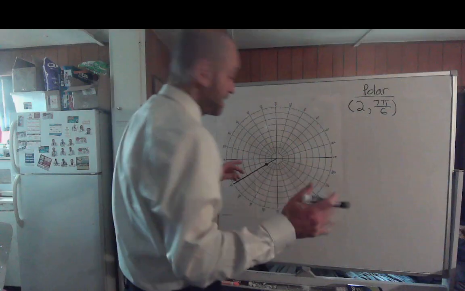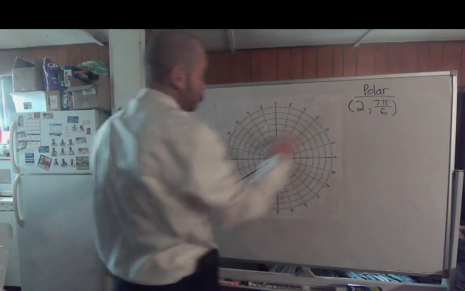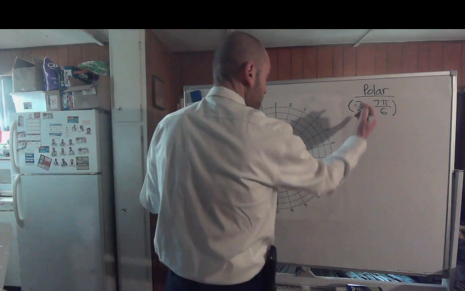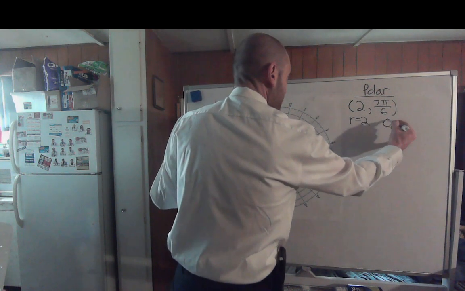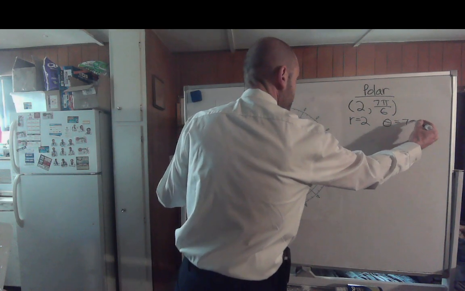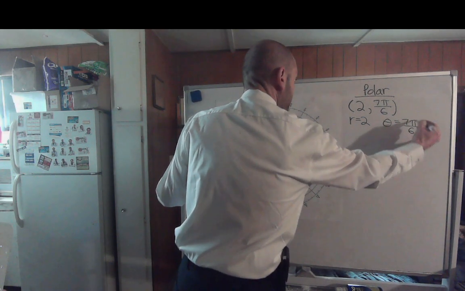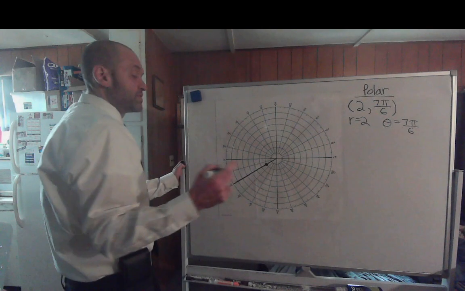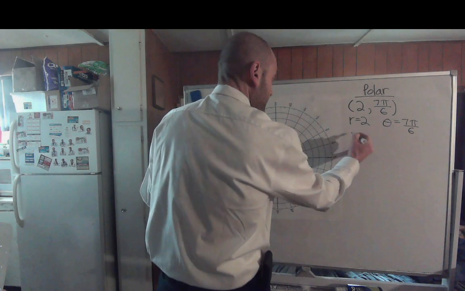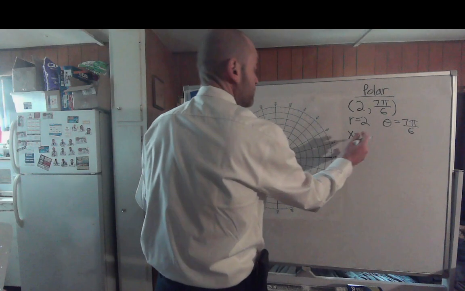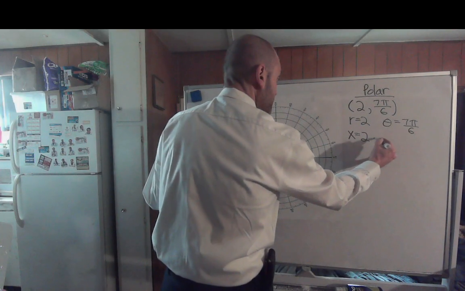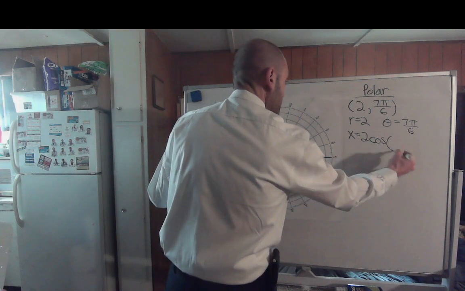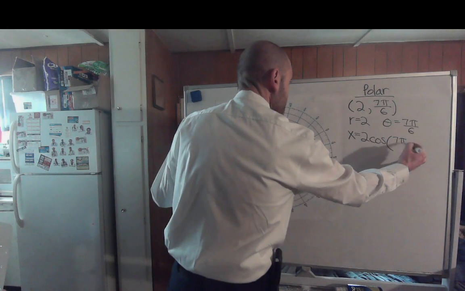Well, let's establish some information based on this polar coordinate. My r is 2. My theta is 7π/6. So what I have to do now, I know x equals r cosine of theta, so that would be 2 times the cosine of 7π/6.